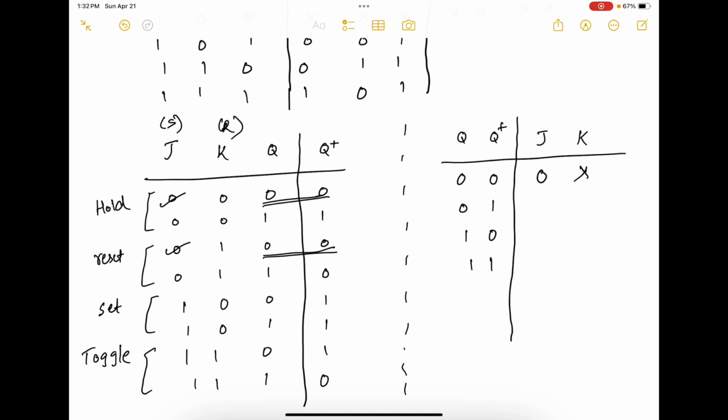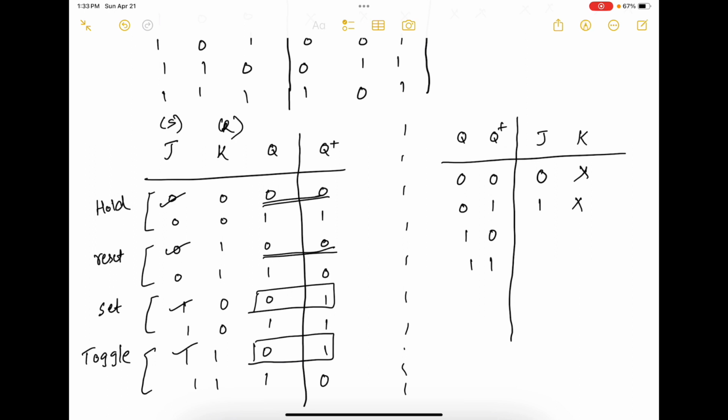Similarly, when Q is 0 and Q plus is 1, which is this combination here and this combination, J is 1 and K is 0 in one case and 1 in the other case, so it doesn't really matter.